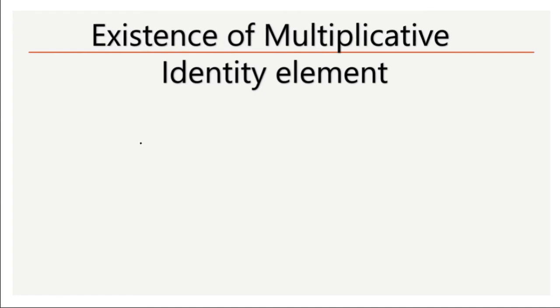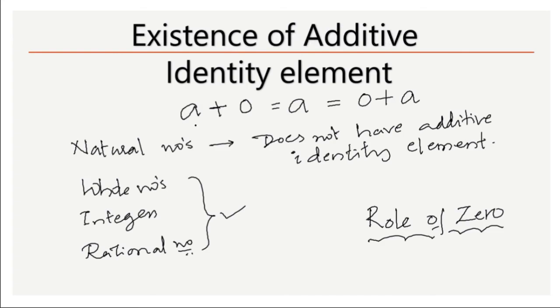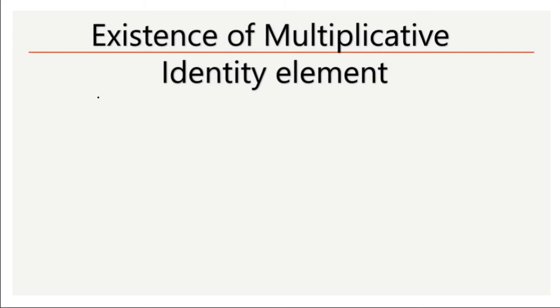Similarly, we have got the existence of multiplicative identity element. In additive identity, you have seen the sum of two numbers, we were getting the same number again. Similar here, when a is multiplied to some number, I should get a. This will be equal to that number multiplied to a. That is 1.